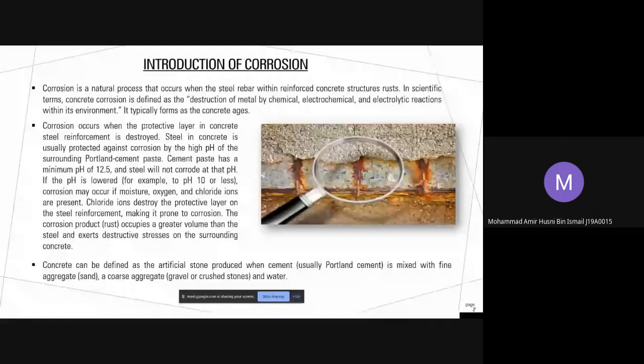In scientific terms, concrete corrosion is defined as the destruction of metal by chemical, electrochemical and electrolytic reaction within its environment. Concrete can be defined as the artificial stone produced when cement, usually Portland cement, is mixed with fine aggregate like sand, a coarse aggregate such as gravel or crushed stone, and water.